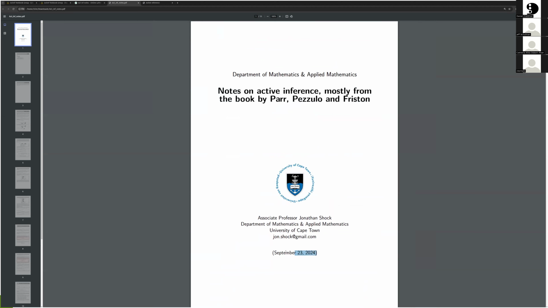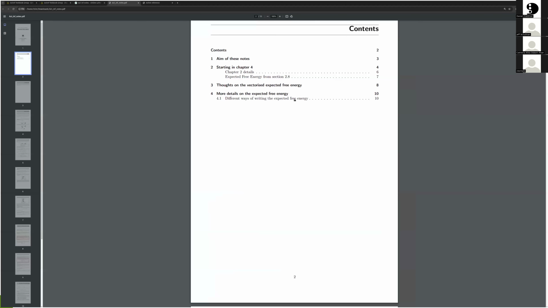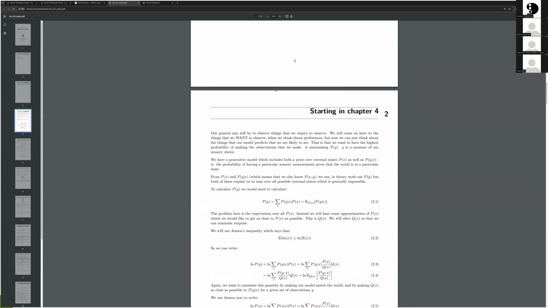I think this date is automatically chosen, but it would be interesting if he updated it so recently. Let's look through this. While there are some superb explanations in the book, there are important details left out in the derivations, which may not be that important on the first pass, but I think make things much clearer when you want to understand it in detail.